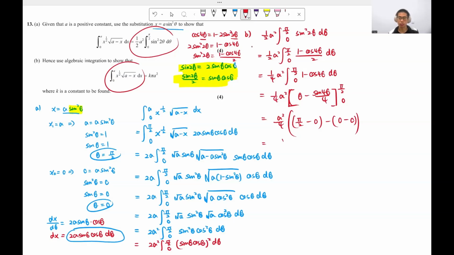So it's really just a square over 4 times pi over 2. That will give us, they want k pi a square. So our k should be 1 over 8, because 4 times 2 is 8, and it's in the denominator. And then pi is still pi, and a squared is a square. So in this case, k should be 1 over 8.